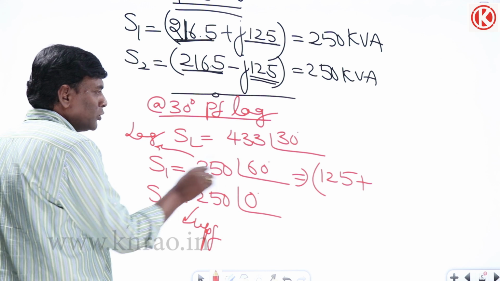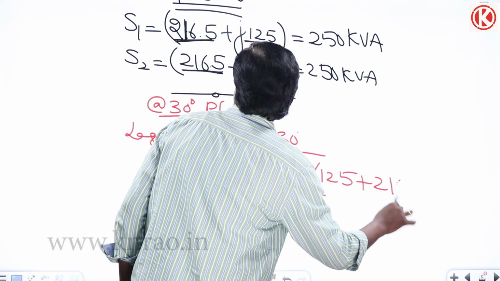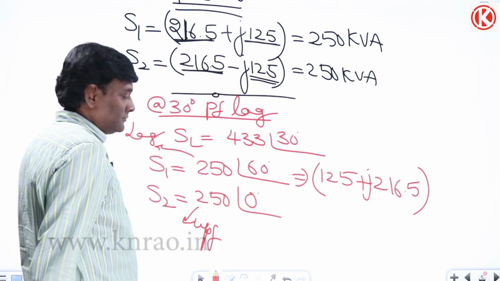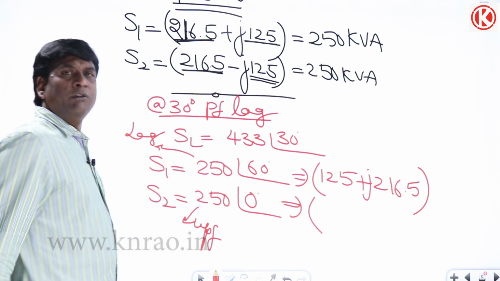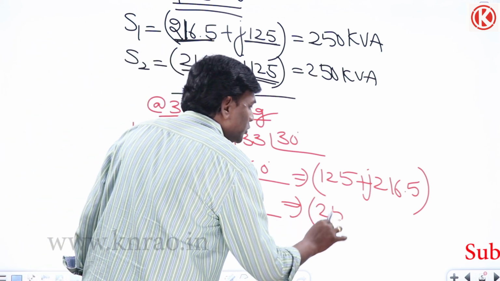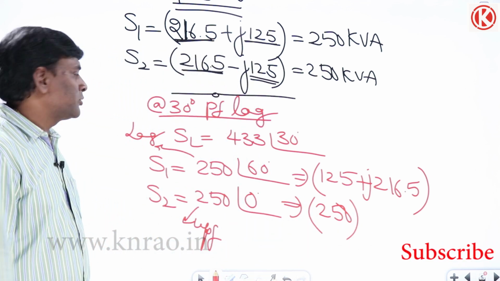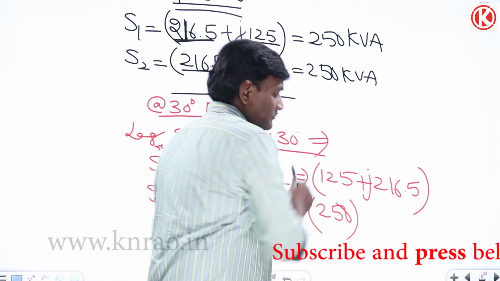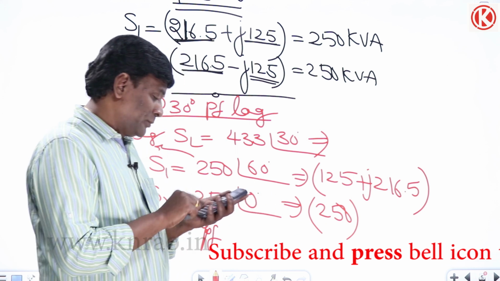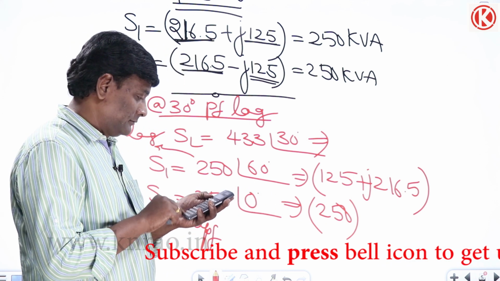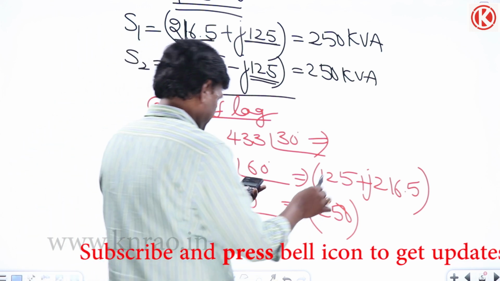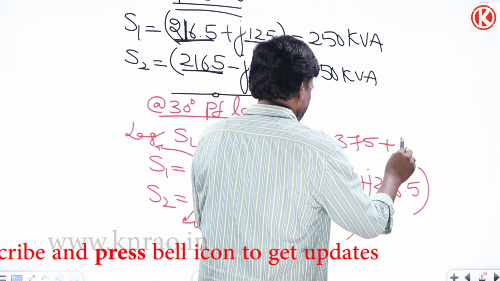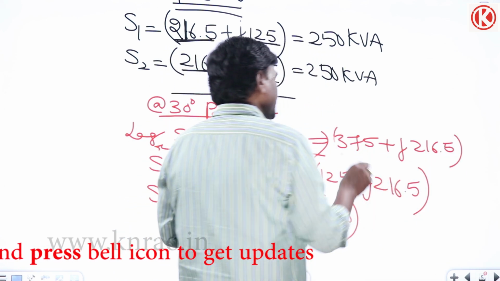So it is going to deliver 216.5 kVA reactive power. What about this? It is delivering only active power, that active power is 250 kilowatt with the unity power factor, such that 250 plus 125. If you divide this, because the answer should be the same, 430 at an angle: 375 is the active power plus j 216.5 is the reactive power.